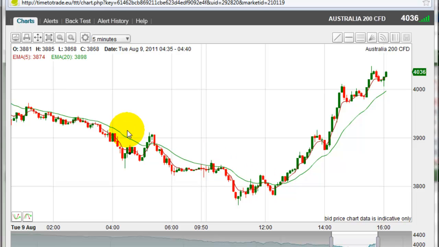In fact, you'll notice up on the left hand side, the exponential, the 5-period, did actually close below. So you would have closed the position there, locking in a nice profit, and potentially you would have entered short in order to then reverse that signal and then go long again through here.